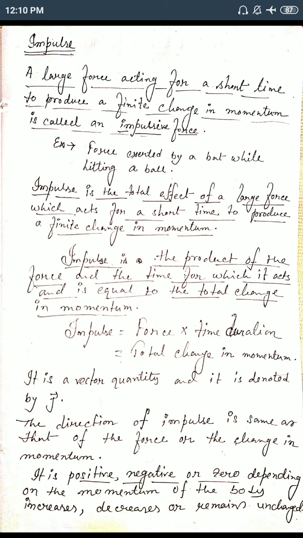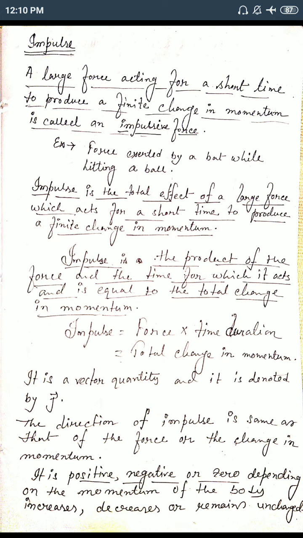This is for a very short time, but a large force is acting, and due to that the momentum of the ball changes finitely. So that kind of force is called impulsive force.